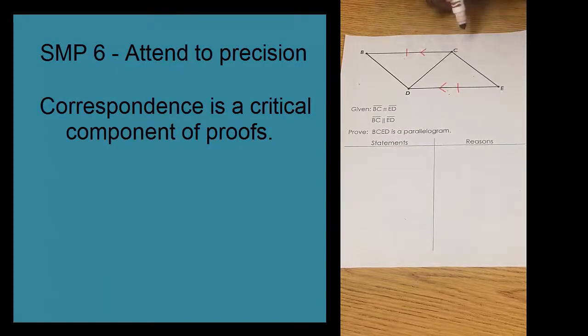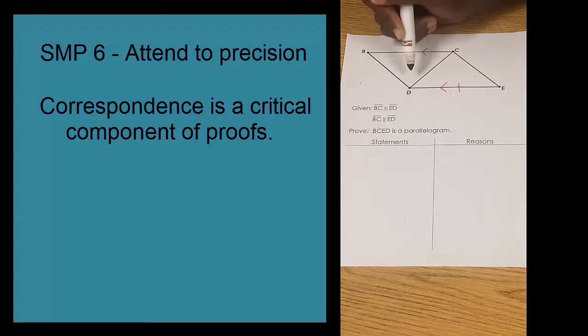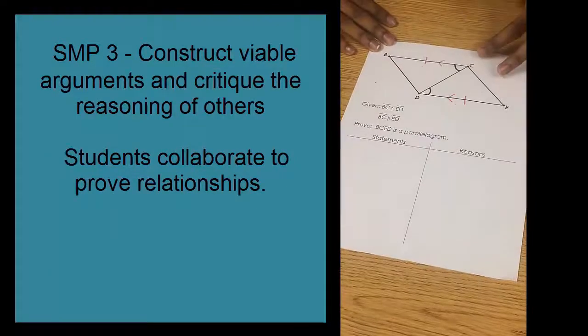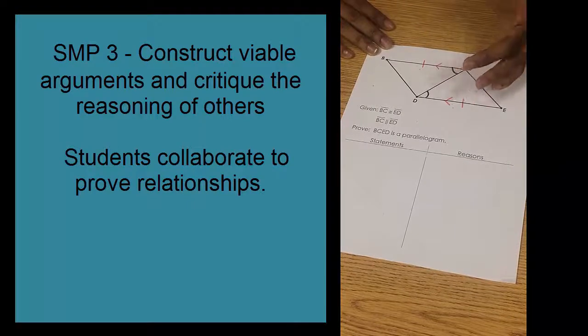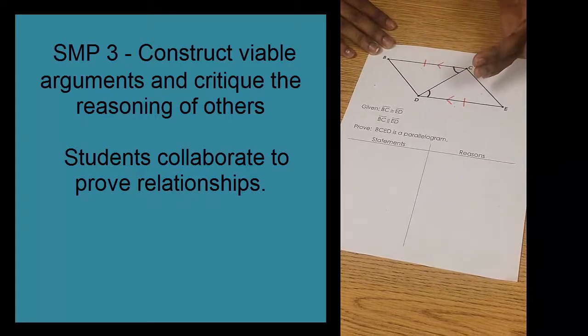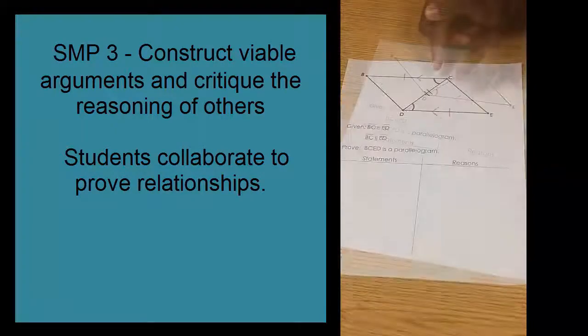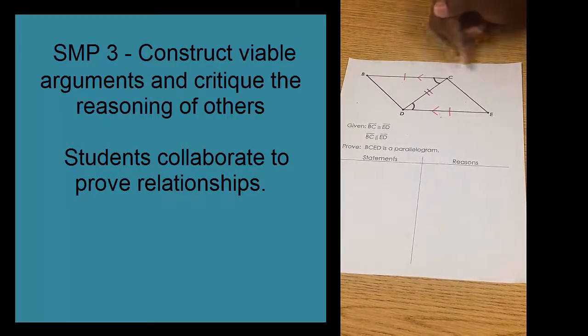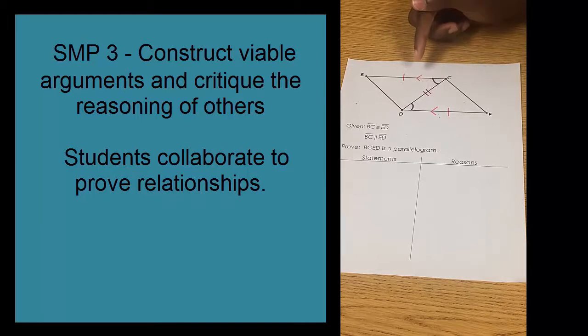Angle EDC and angle BCD are congruent because parallel lines imply that alternate interior angles are congruent. Line segment DC and line segment CD are congruent because of the reflexive property. Then we could say that triangle EDC is congruent to triangle BCD by side angle side.